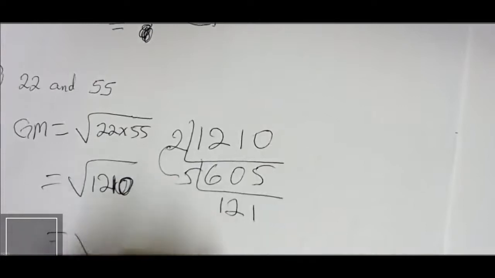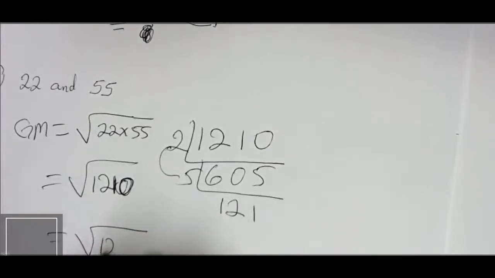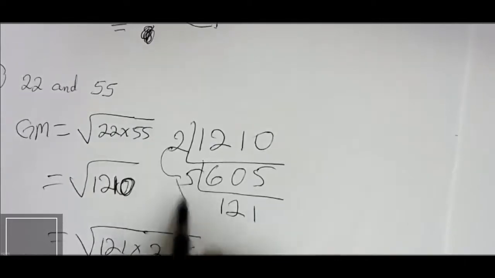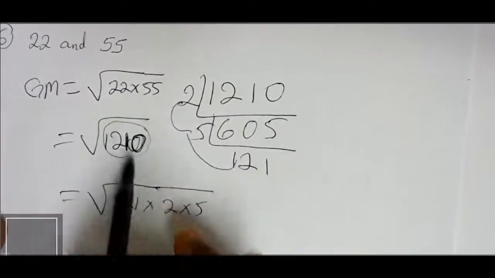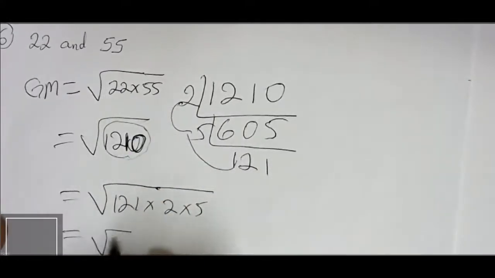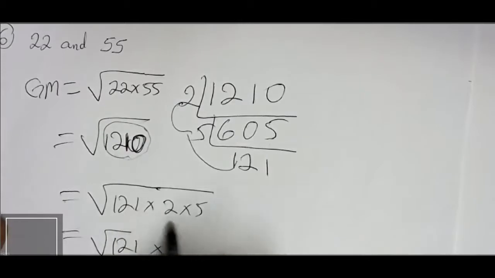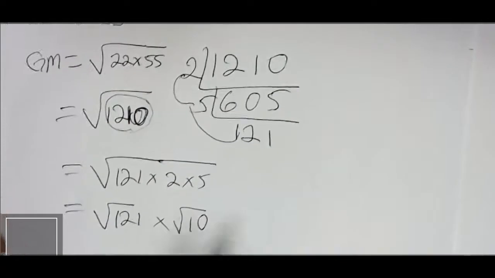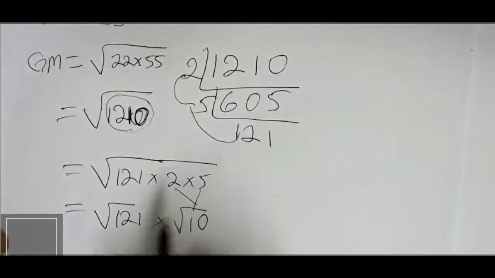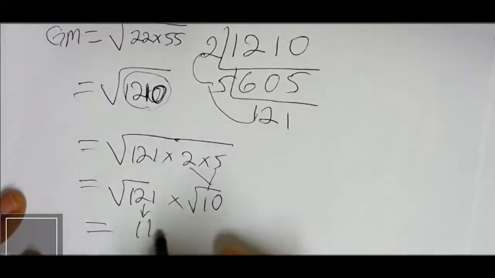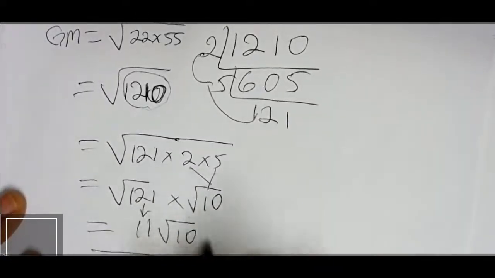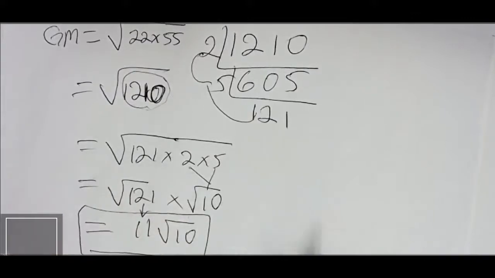So this is going to be 121 times 2 times 5. All those three numbers make up that. So 121 is a perfect square, and then 2 times 5 is 10. And they are both still under the radical sign. So 121 will become 11 square root of 10. That is the geometric mean.